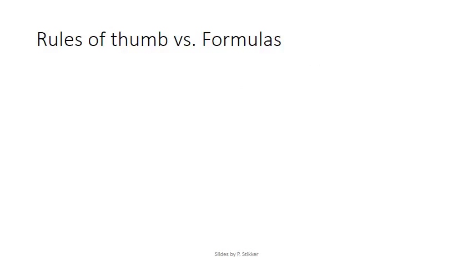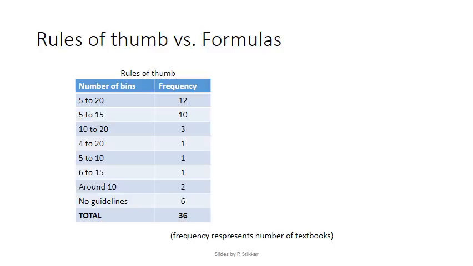Unfortunately, there is not a single rule on how to decide the number of bins. I've had a look through a few textbooks I had lying around and constructed the following frequency table. Here you can see that, for example, 10 textbooks that I looked at indicated to use 5 to 15 bins. There were 2 that said around 10, and there were 6 that didn't have any guidelines.